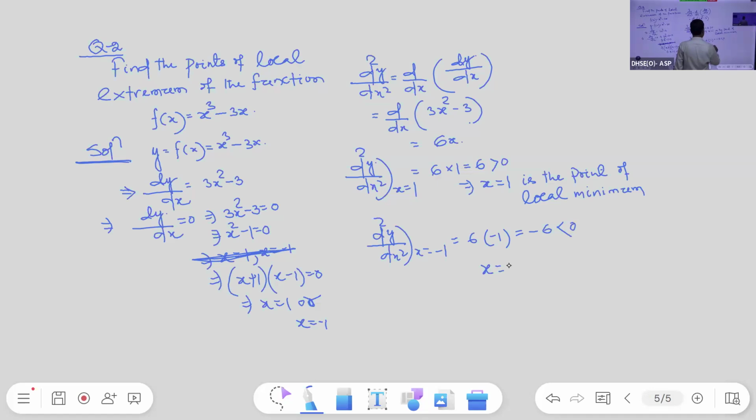So x is equal to minus 1 is the point of local maximum. Okay. I hope it is clear to you. Write in the chat box.